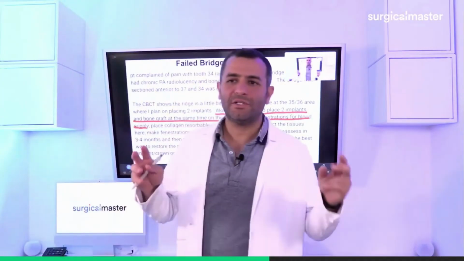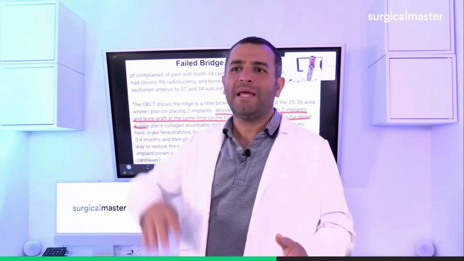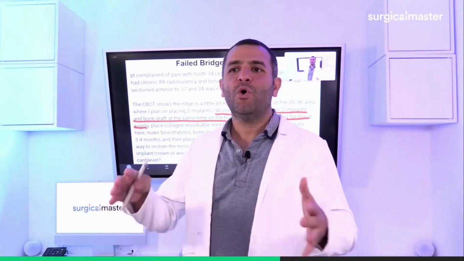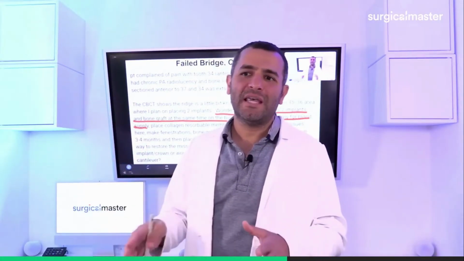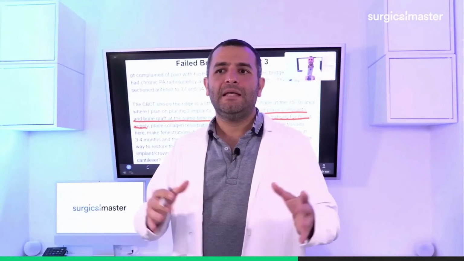So this doctor's thought process is, should I go in, place 2 implants, add bone at the same time, or should I do bone graft and then reassess? You're saying, Ziv, before you do implants and bone grafts and all of that, do a wax up. Why? You want him to assess what in this case?